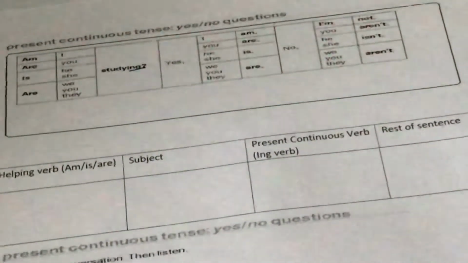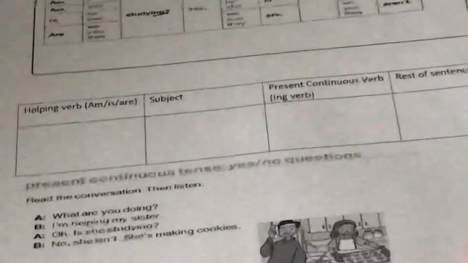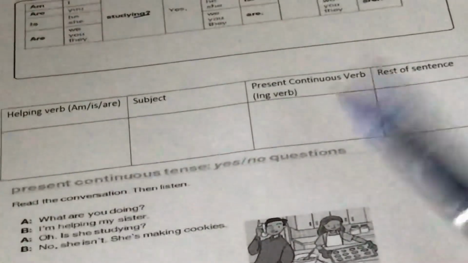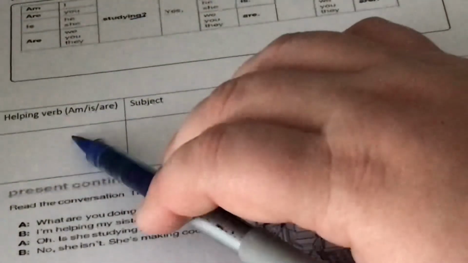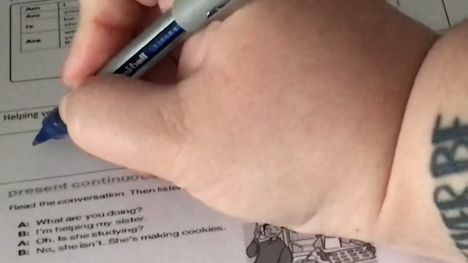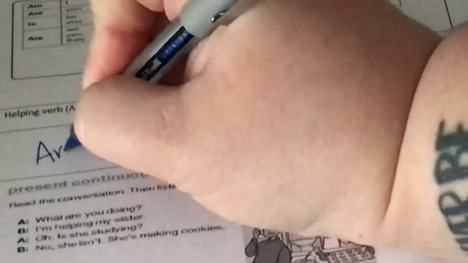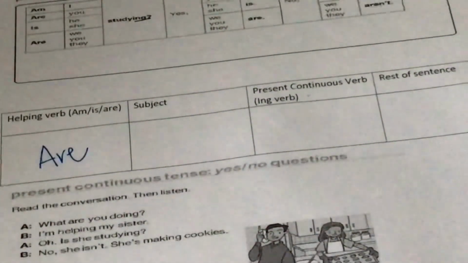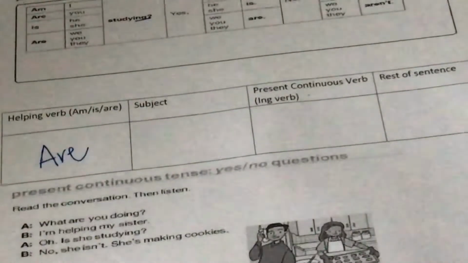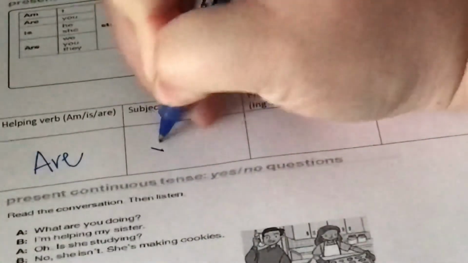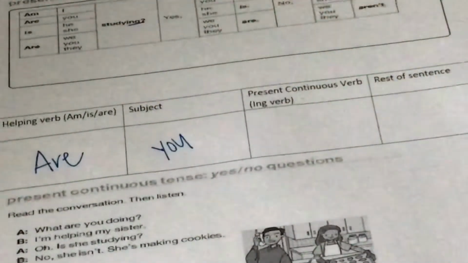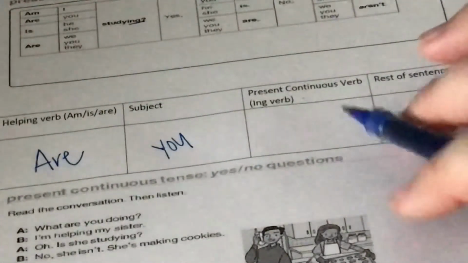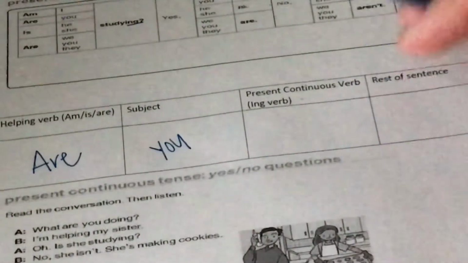So if I look at this box right here, I'm going to choose, this time I'll choose are. So are, my subject has to be plural or you. I'm going to choose you. Then I need my present continuous verb, my ing verb.